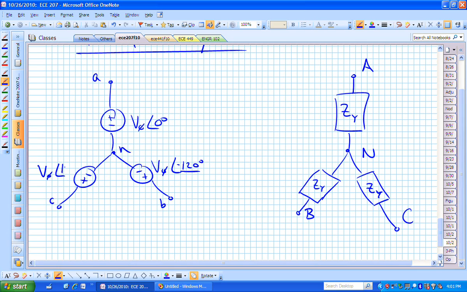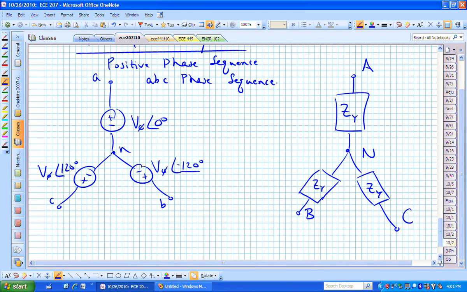This is a positive phase sequence, or it's an ABC phase sequence, and now I'm going to mess up my diagram.